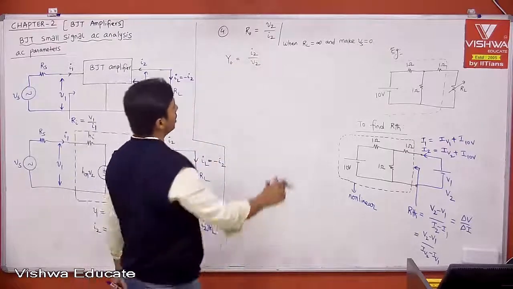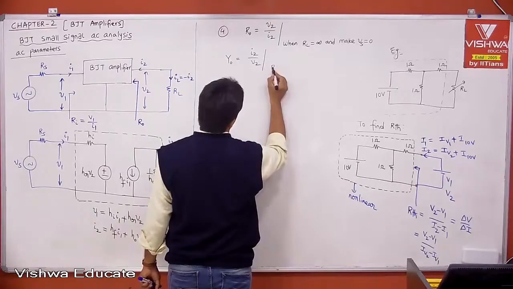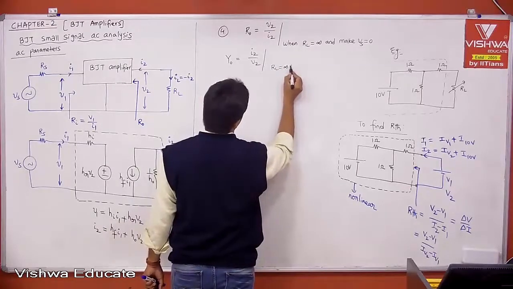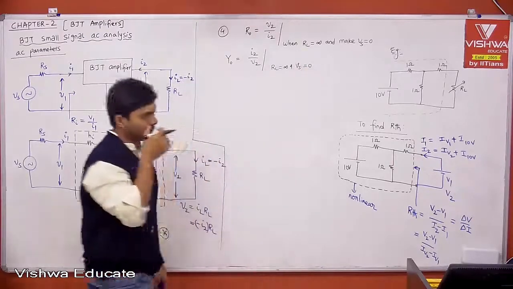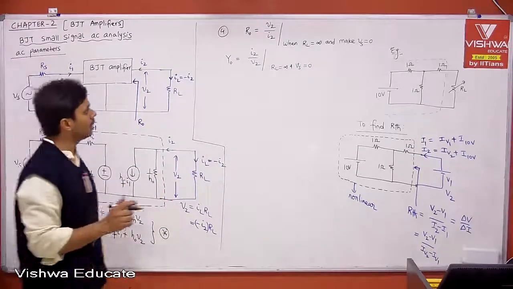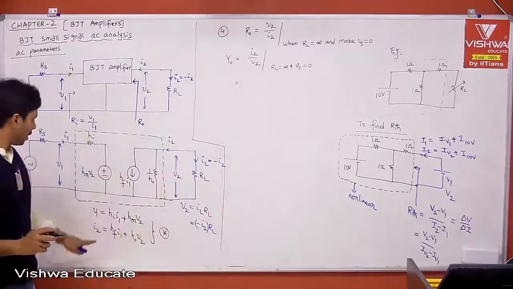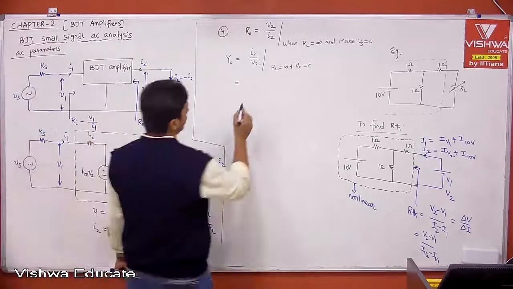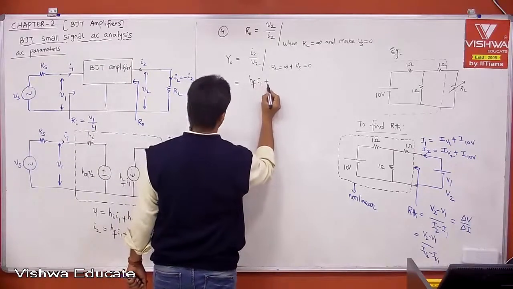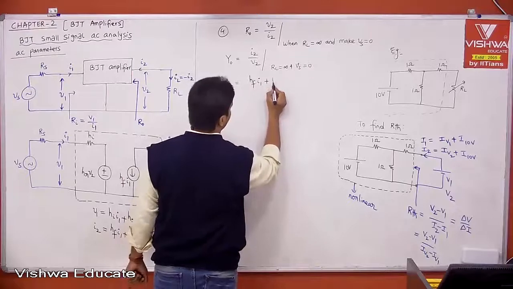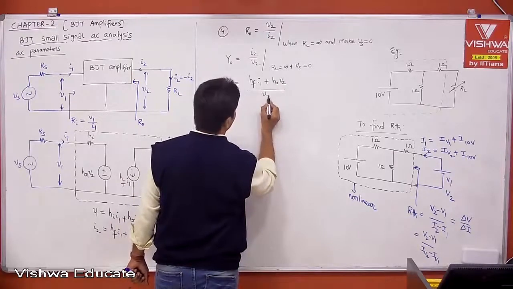Okay, that is fine. When RL is infinity and Vs is equal to 0, small Vs is equal to 0. Now, what is I2? Your I2 is nothing but HF into I1 plus HO into V2, divided by V2.